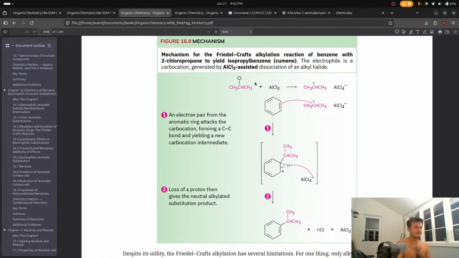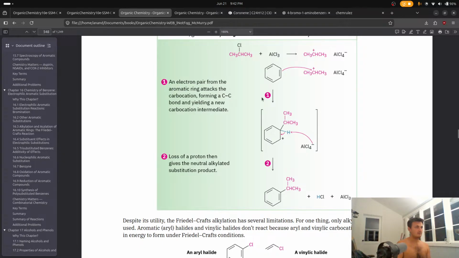Then AlCl4 minus comes in and attacks, and then we just get our alkylated benzene. And this forms hydrochloric acid and AlCl3. This is like the same thing.